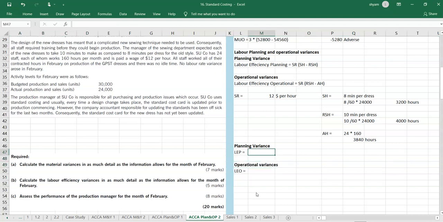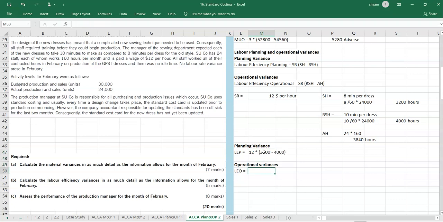So let's insert the formula here. Labor efficiency planning variance is going to be SR, SR is 12, into SH minus RSH. SH is 3,200 hours minus RSH is 4,000 hours.